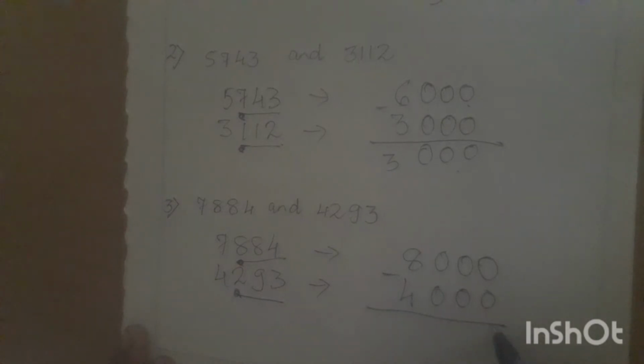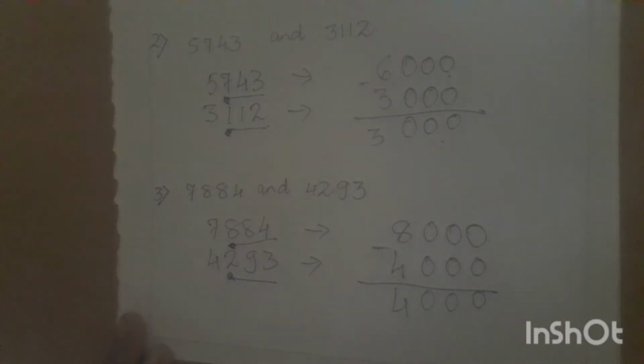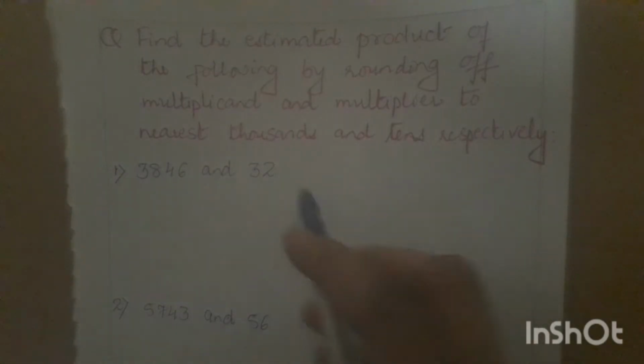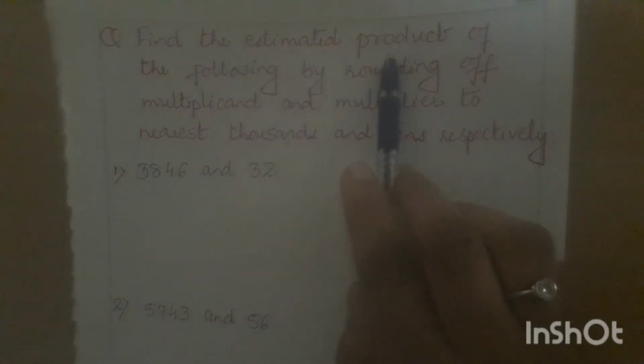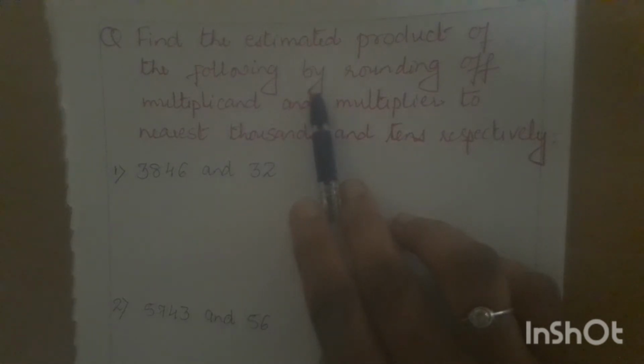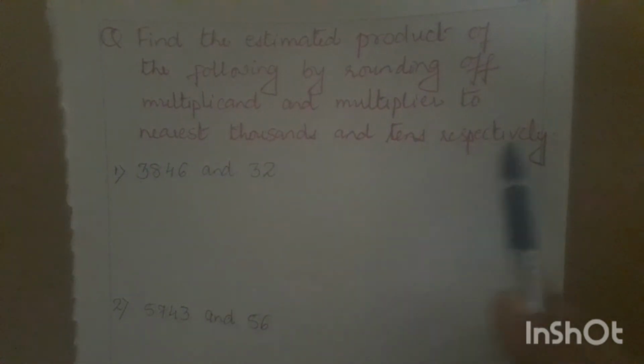And we go for the subtraction part and you have the answer as 4000. Right? So this question: find the estimated product of the following numbers by rounding off multiplicand and multiplier to nearest thousands and tens respectively.